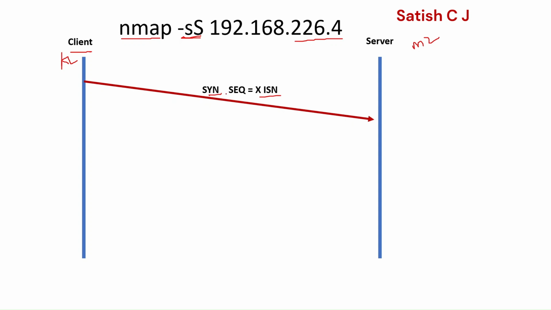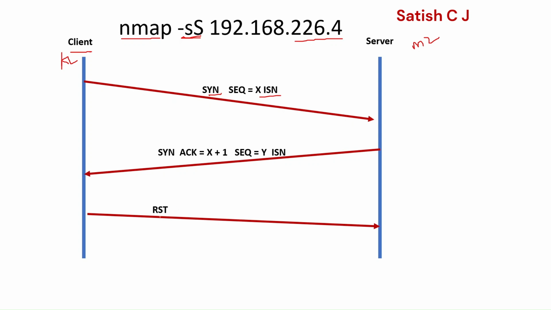This SYN request will be taken by the server, and then the server will respond with a SYN plus acknowledgement flag. We have already seen what is the use of SYN plus acknowledgement. Now there is a response from the server, whereas our client is not going to complete the handshake. We'll terminate the handshake by sending a reset packet.